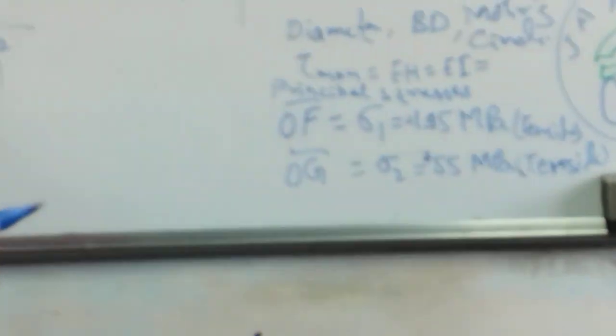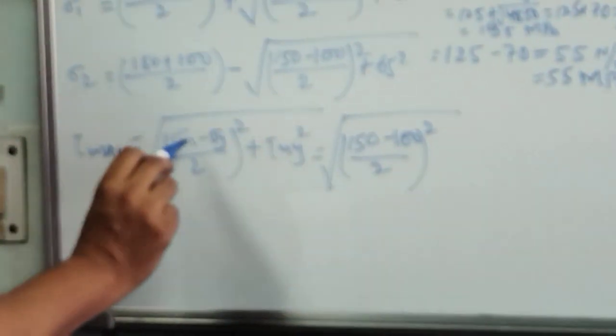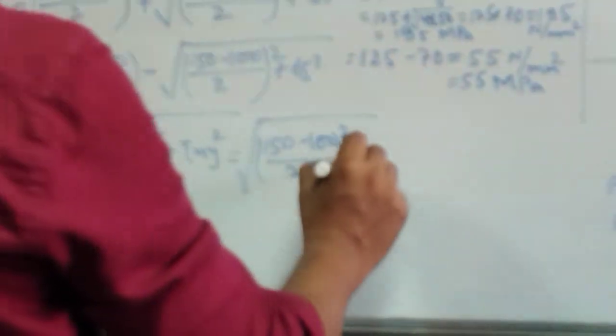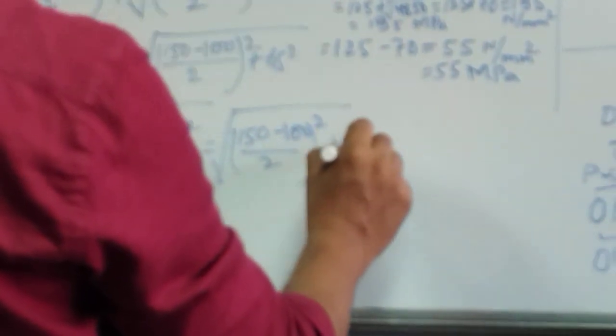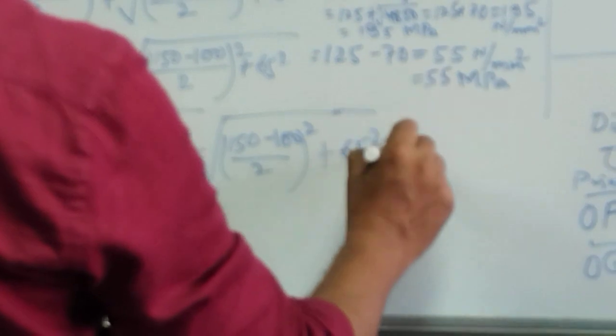Then both principal stresses are positive in nature. Therefore, we calculate tau maximum. Tau maximum is root under ((sigma x minus sigma y) by 2) whole square plus tau xy whole square, putting in 65 whole square.